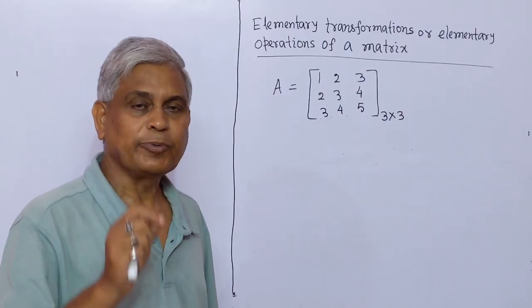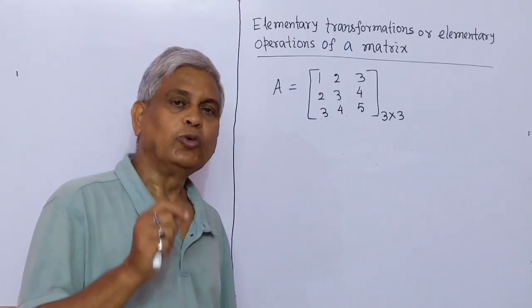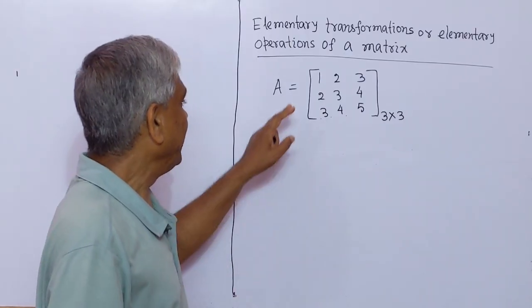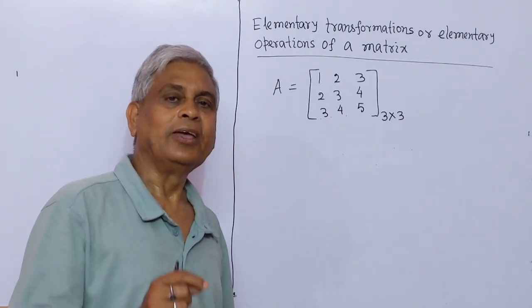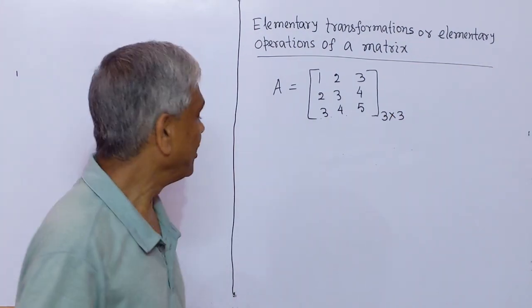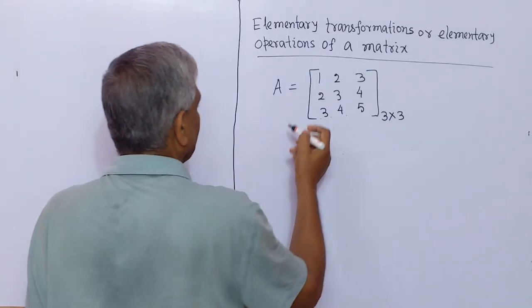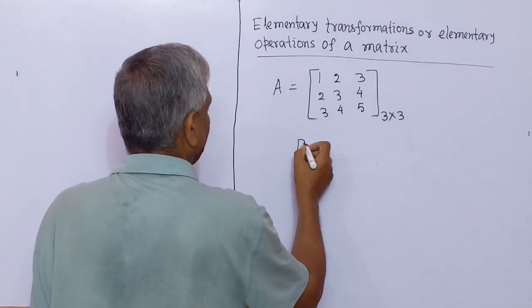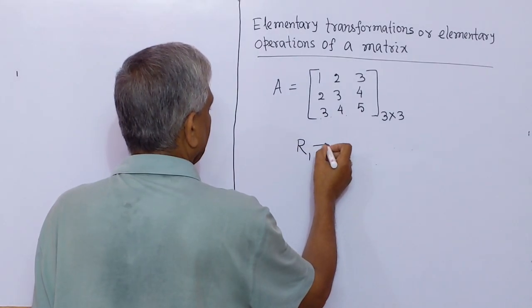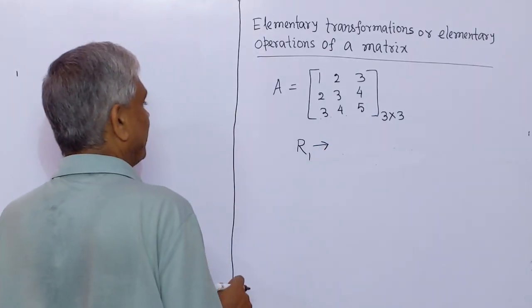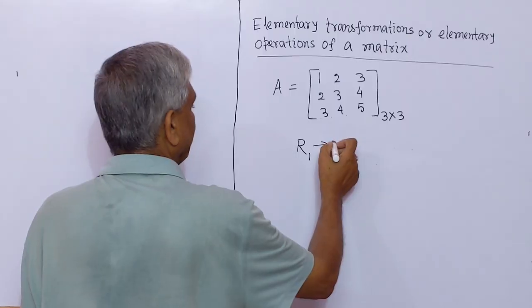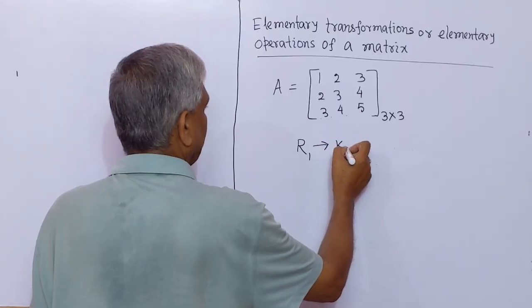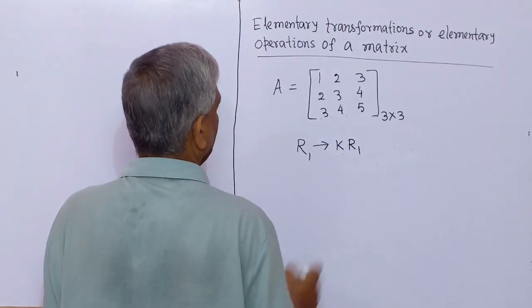The second kind of transformation is that we multiply any row or any column by a fixed number. Let us multiply row 1, meaning we multiply the elements of row 1 by a fixed number k, kR1.